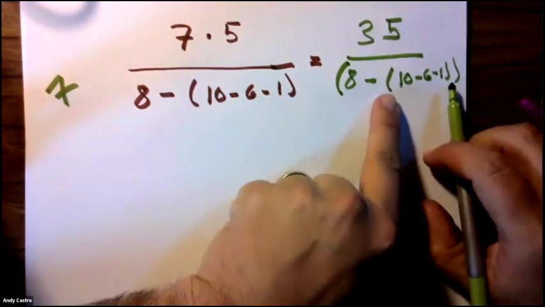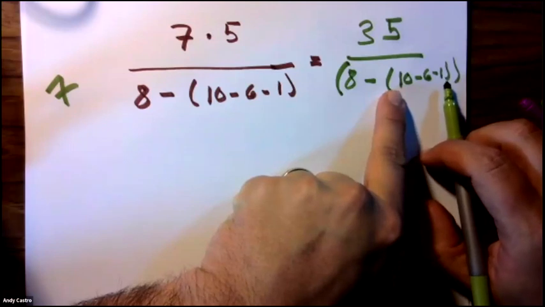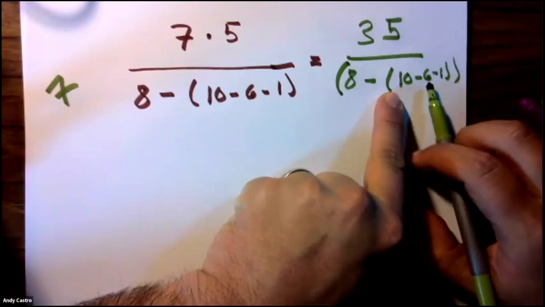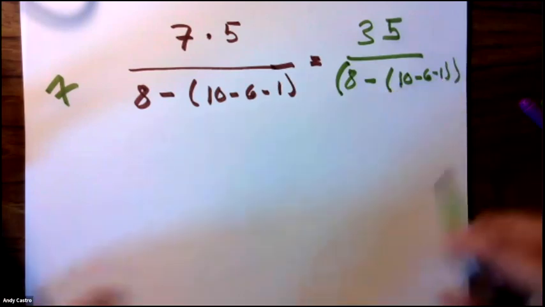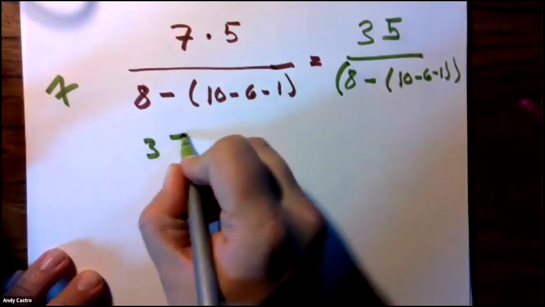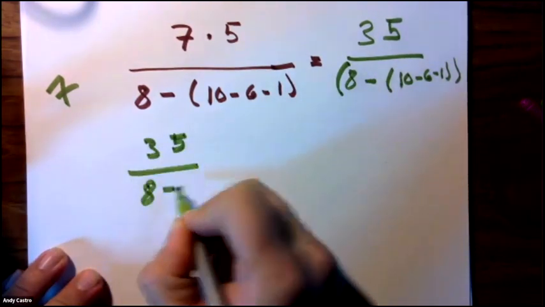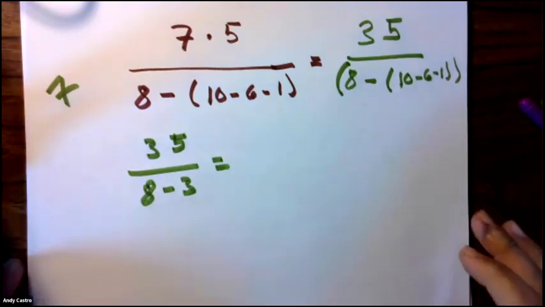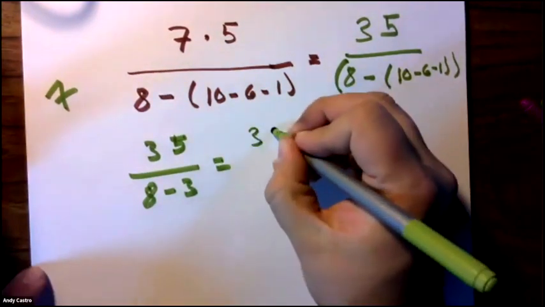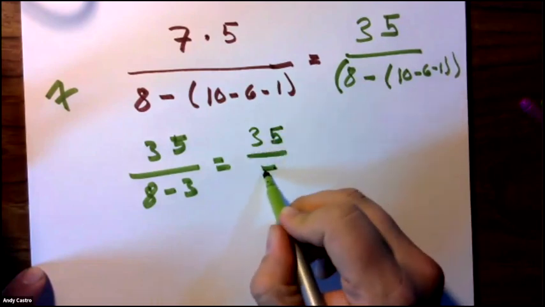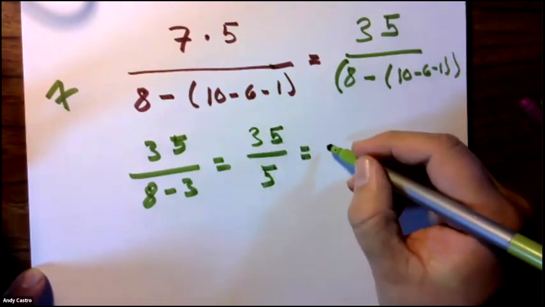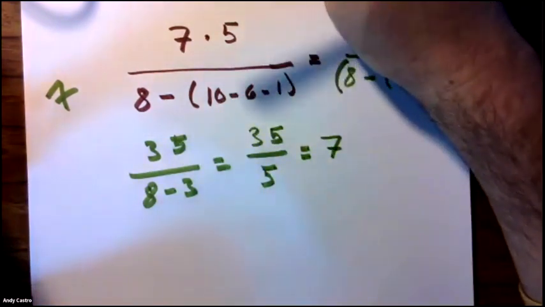But we're going to deal with the innermost parentheses, which is this. So 10 minus 6 is 4. 4 minus 1 is 3. So we have 35 over 8 minus 3. 8 minus 3 is 5. And 35 divided by 5 is 7.